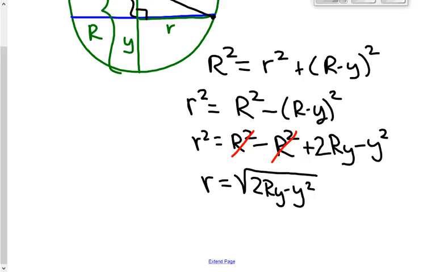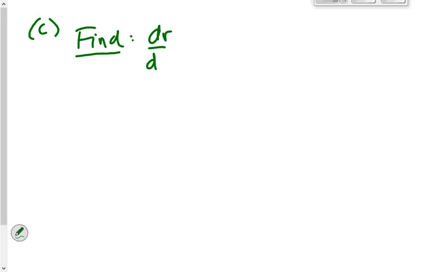And then what does part C ask us to do? Read us part C, someone, please. Okay, so what are we supposed to find? dr dt. And if I really understand the problem, then I can also make a list of things that I know, like what?